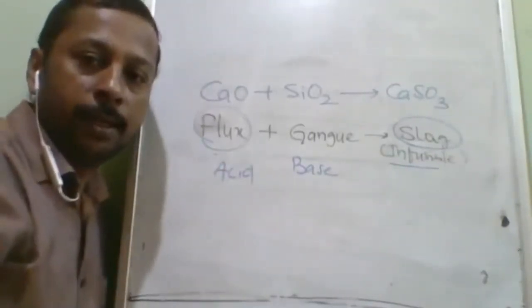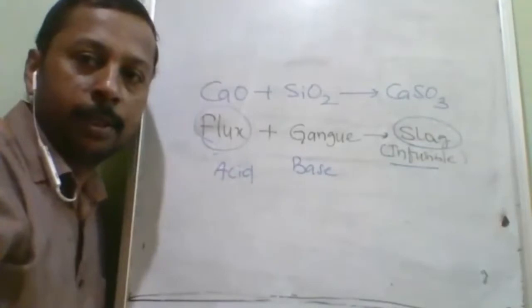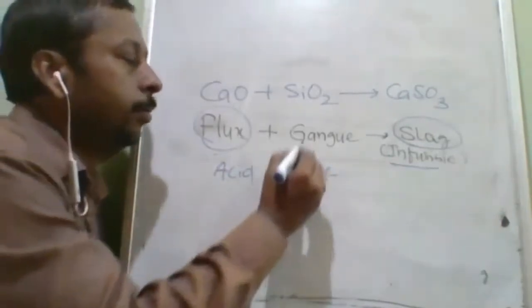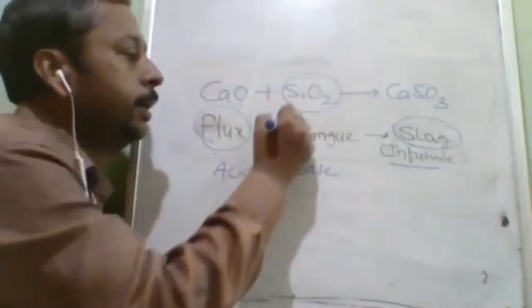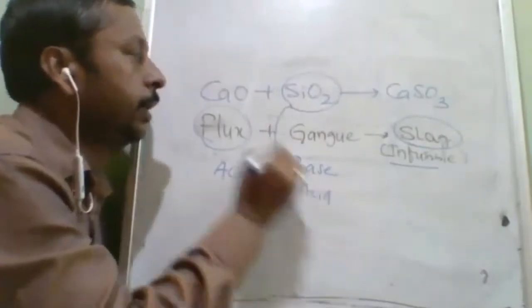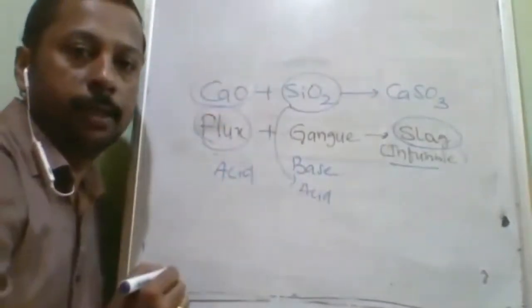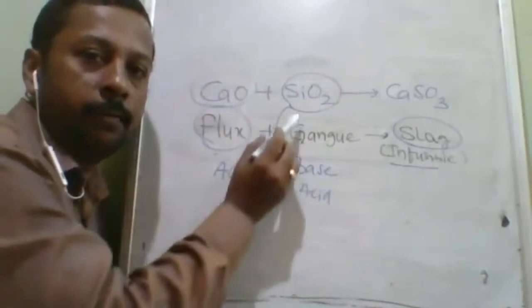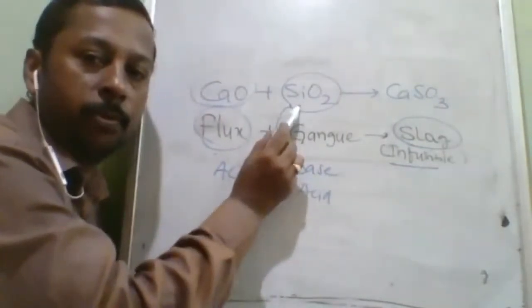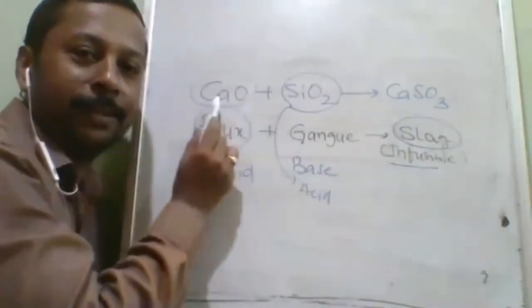Okay. So if acidic impurity is already there, that's why I have selected a base. Is it understood? If acid is already there which we wanted to remove, then we will add the base.